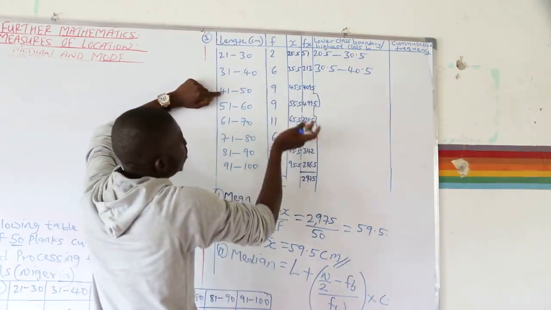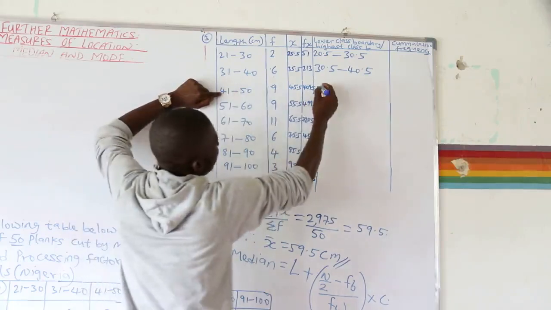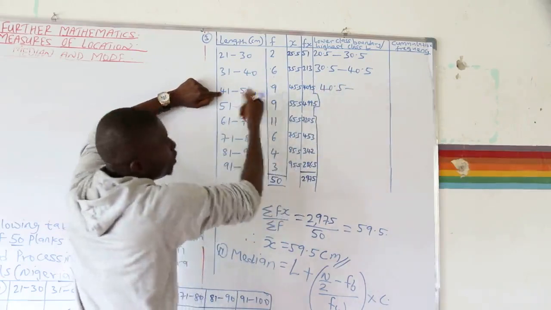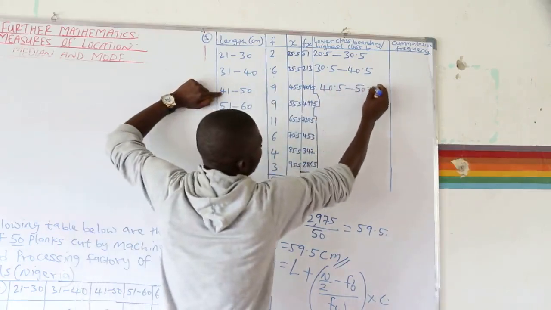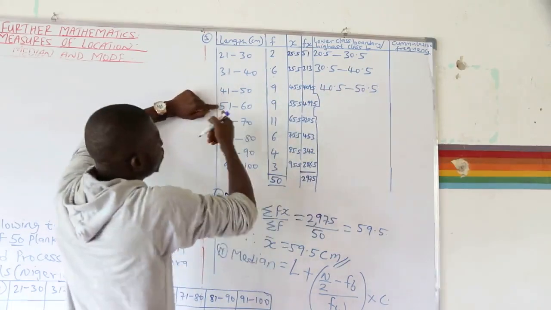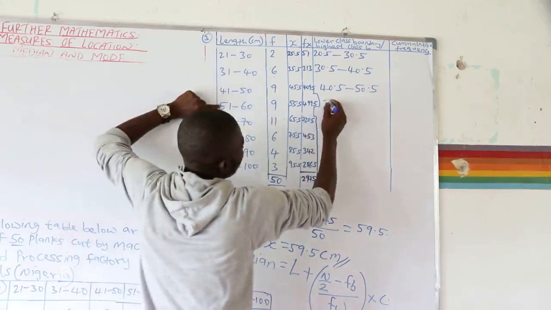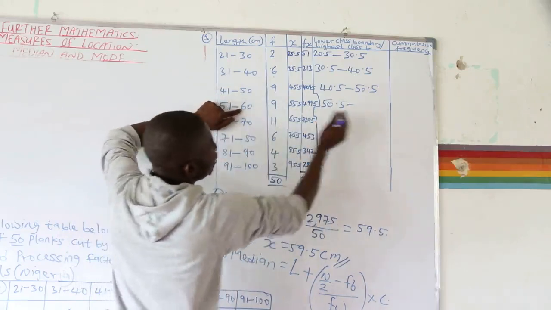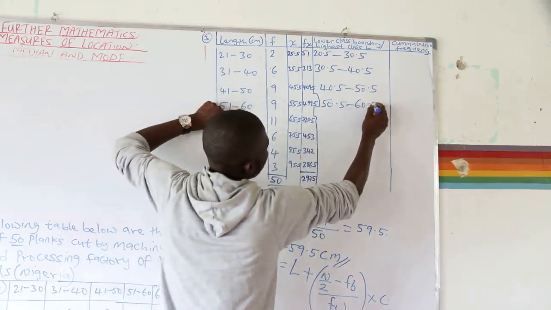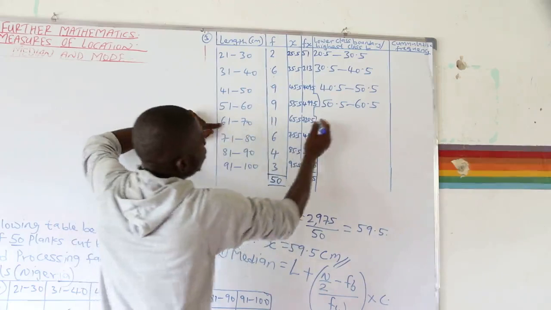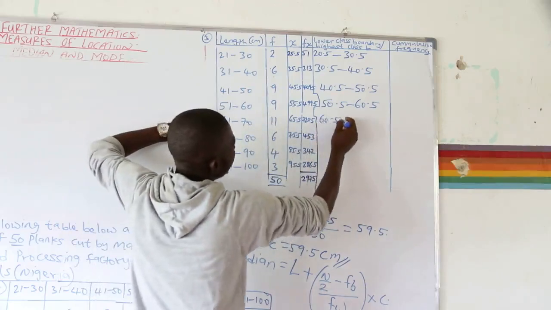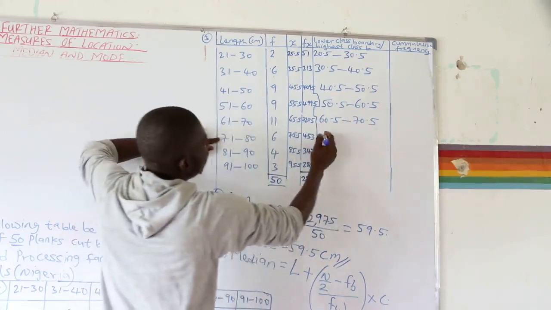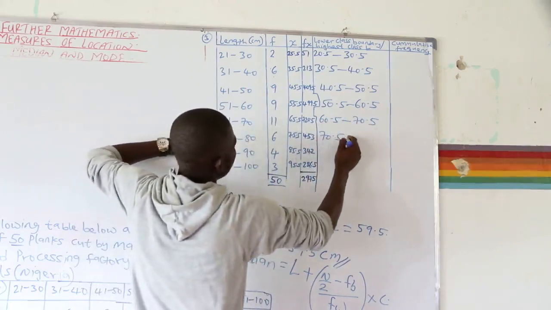The next one, you subtract 0.5 from 41, it gives 40.5, and add 0.5 to 50, it gives 50.5. The next, subtract 0.5 from 51, it gives 50.5. Add 0.5 to 60, it gives 60.5. The next one will be 60.5 to 70.5, and this one will be 70.5 to what?